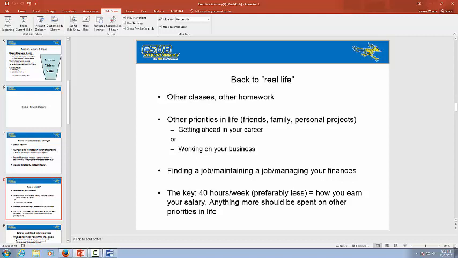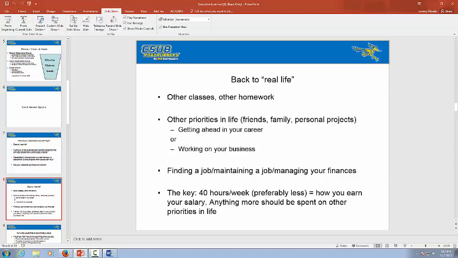Everybody in here has to find a job at some point. Some of you already have a job, some of you need to find a job after graduation to actually be able to pay your bills and manage your finances. The key is if you really want to go forward with your project from this class, if you really want to go forward with starting a new business, your job needs to be 40 hours a week or less, preferably less.